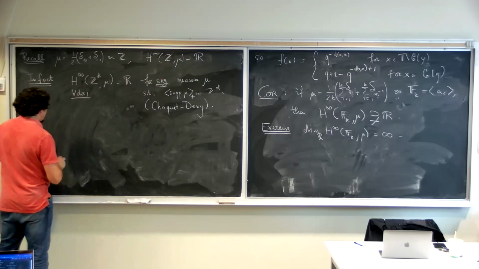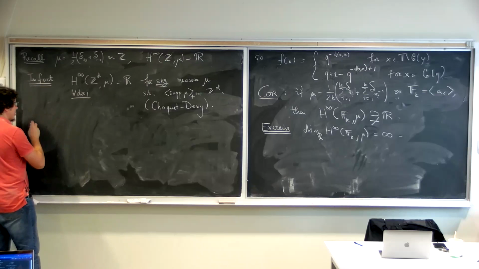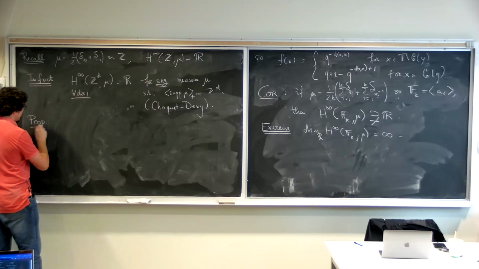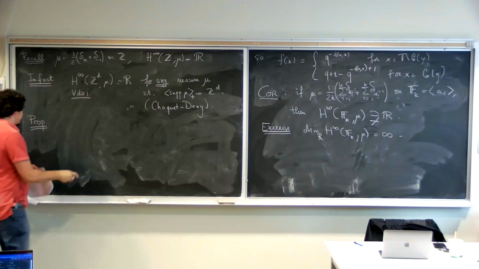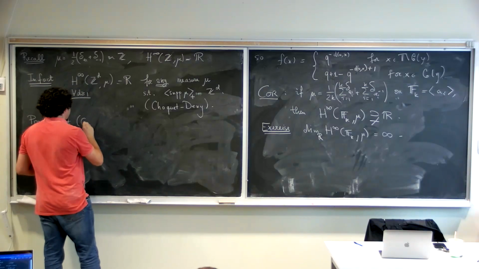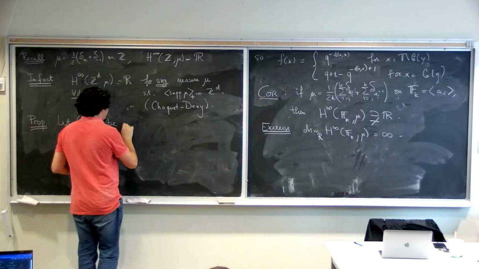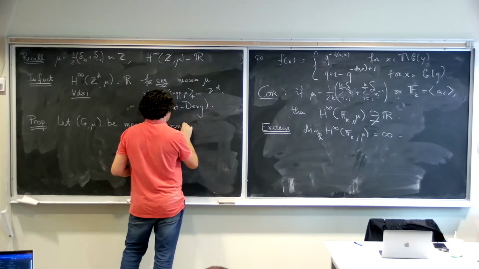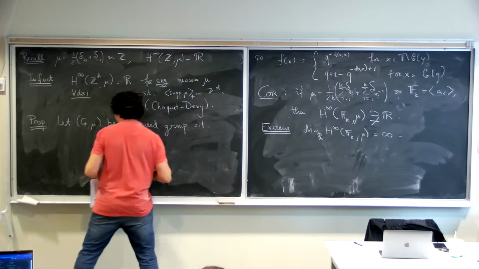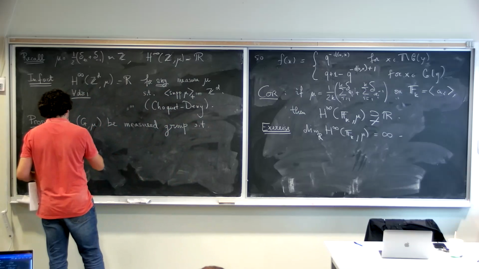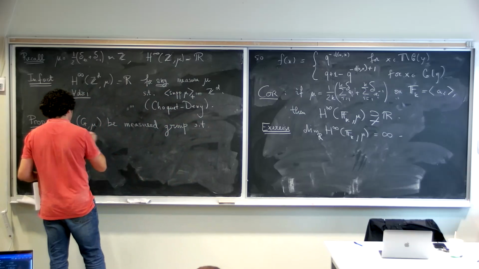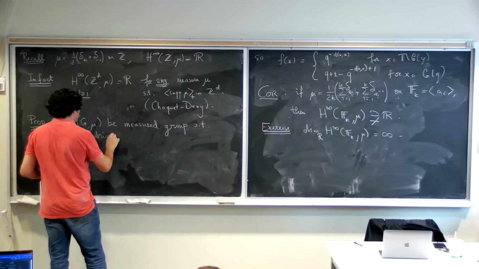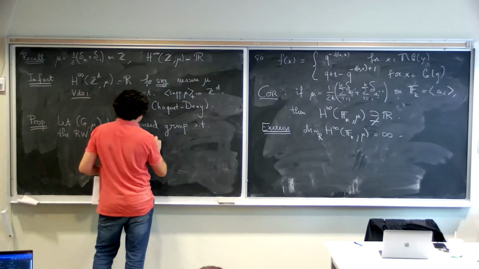Let me first state a proposition. Suppose (G, mu) is a measured group such that the corresponding random walk driven by mu is recurrent.